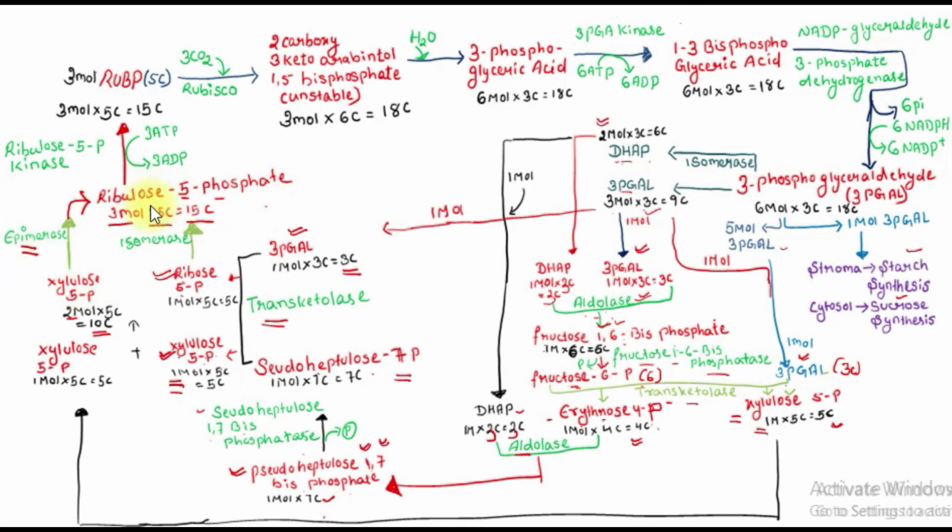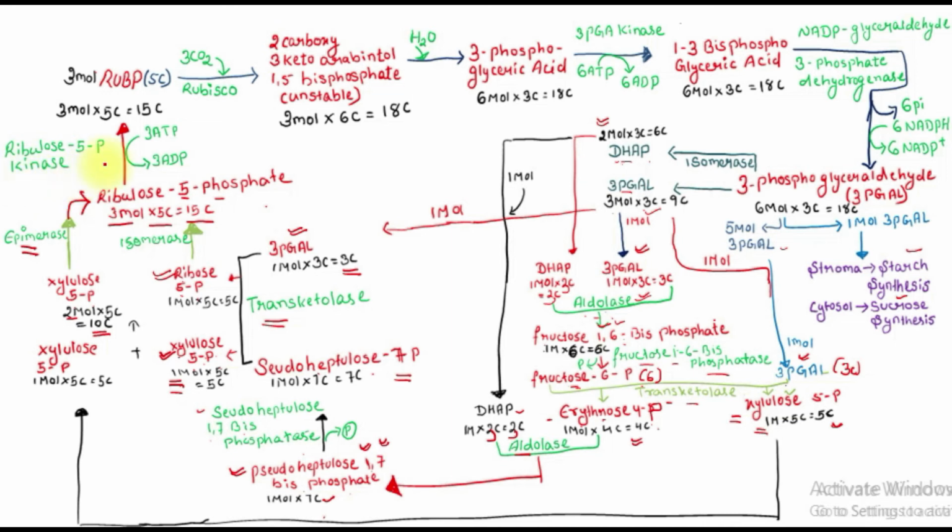So this ribulose 5-phosphate will be converted into ribulose bisphosphate. That means we here need one phosphate to be added. Whenever we need a phosphate to be added, we need an enzyme that is known as kinase. Which kinase? Ribulose 5-phosphate kinase.